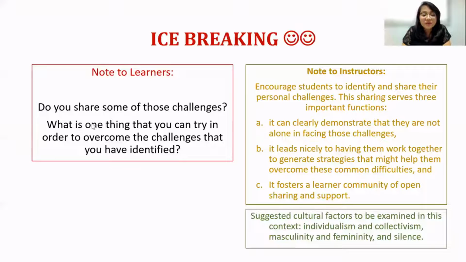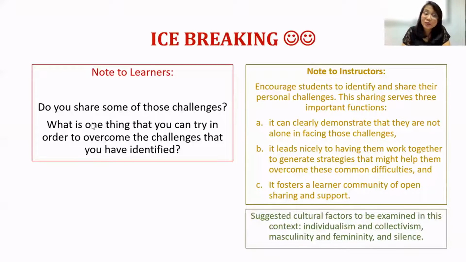You can review these cultural factors in the material of lecture 1. I already discussed those things in that lecture. Or you may have a short quiz in reviewing them before you go further with the material of this lecture 3.